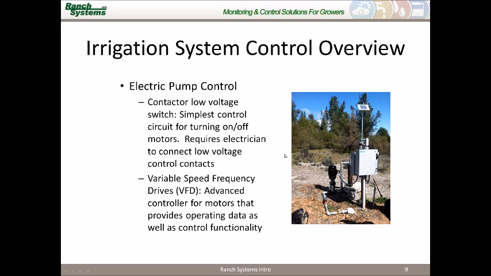The other acceptable way of controlling an electric pump requires a substantially greater investment, but you may already have this: a variable frequency drive, or VFD for short. It looks very similar to this.